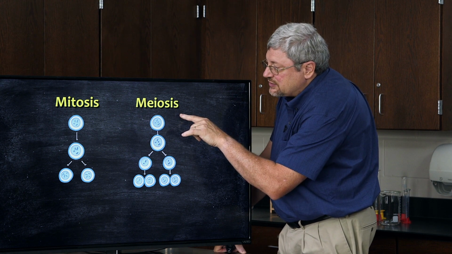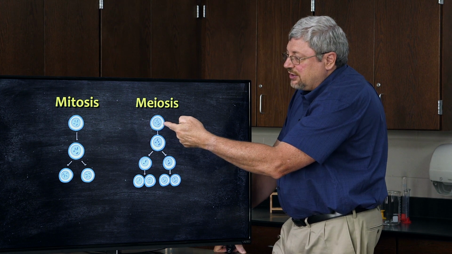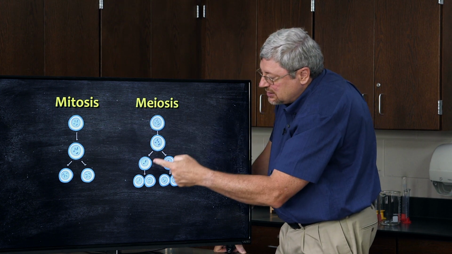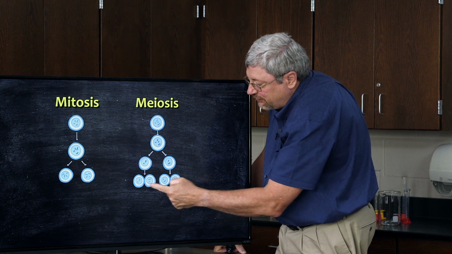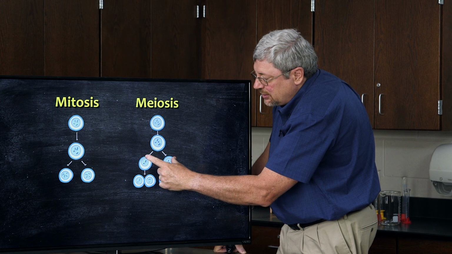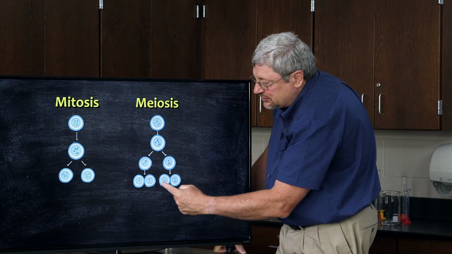Meiosis, in contrast, we're starting in this diagram with a cell that's got 4 chromosomes, just like this one, but we end up with not 2 cells, but 4. Because we divide once in meiosis 1, and then we go through meiosis 2 and divide again, so we end up with 4 cells.